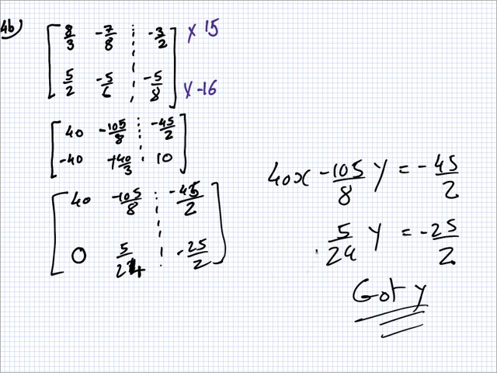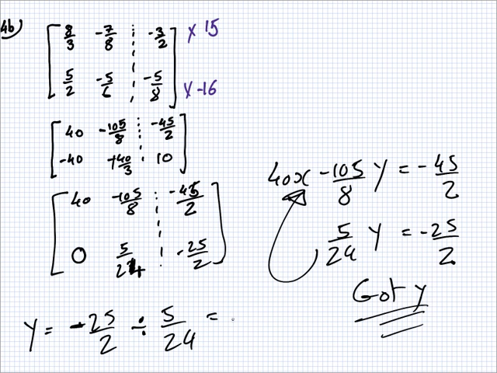Y would be minus 25 over 2 divided by 5 over 24. Nothing simplifies here. Is it minus 60 exactly? Yeah, y is minus 60.